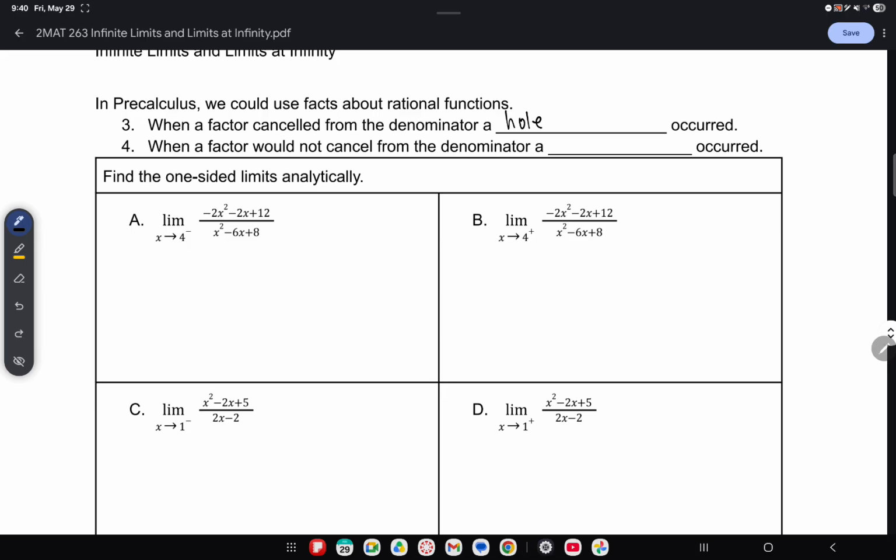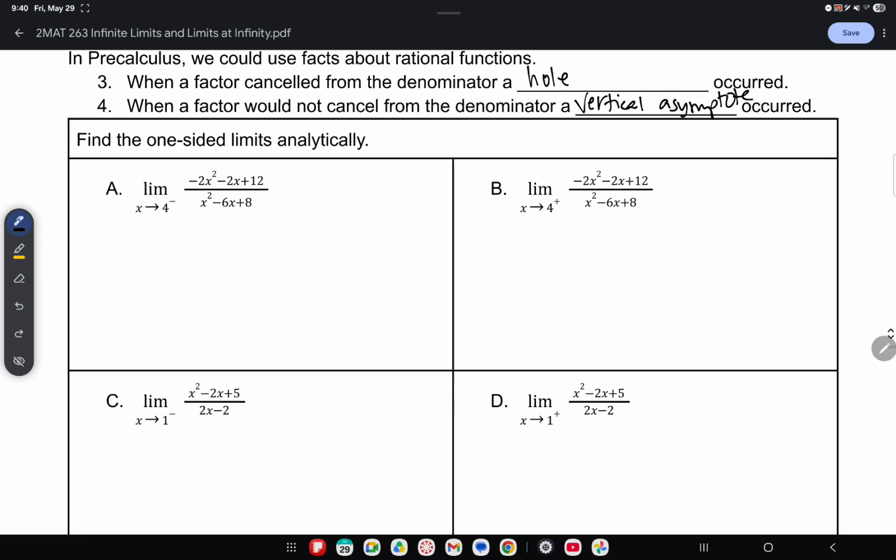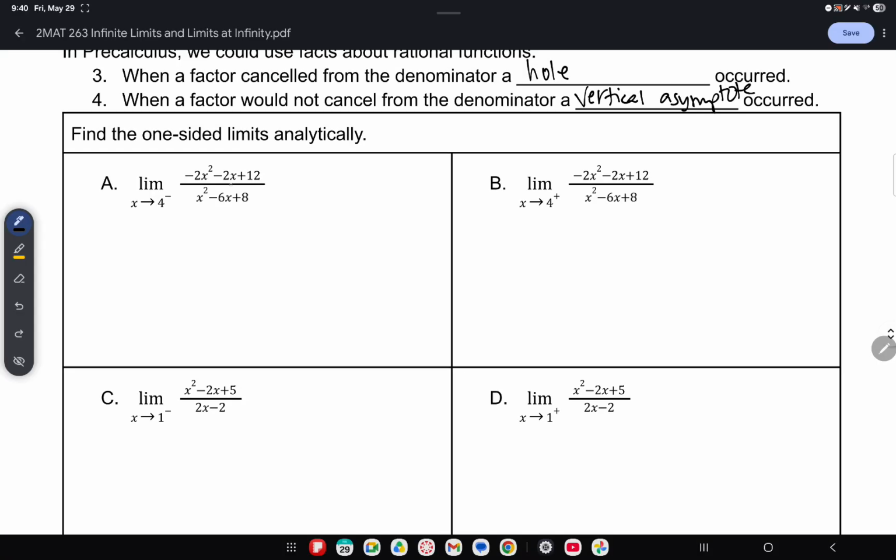But if a factor didn't cancel, it's in that denominator. That was always a vertical asymptote. So if we aren't given a graph or a graphing utility to evaluate these limits, then we'd have to do it with some algebra.